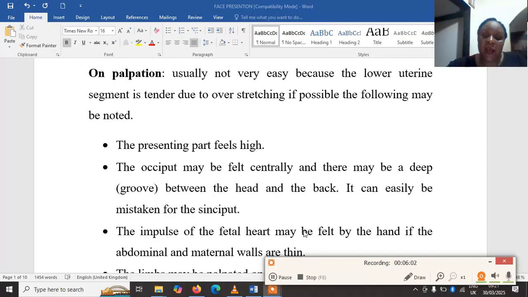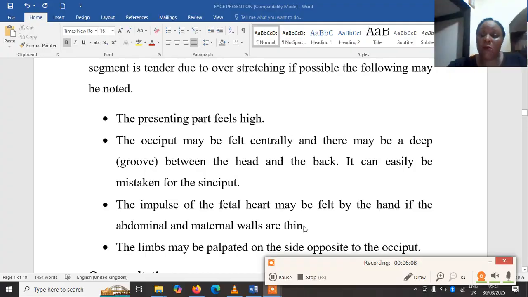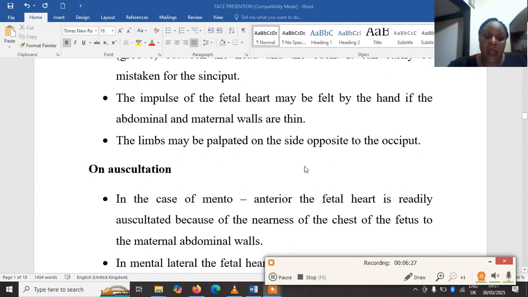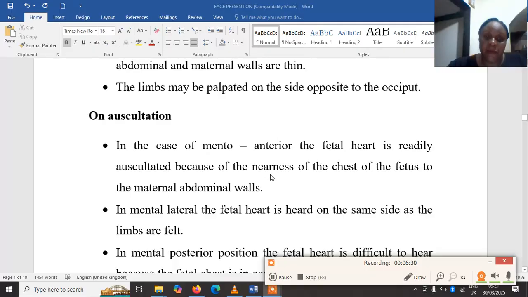The impulse of the fetal heart may be felt by the hand if the abdominal and maternal walls are thin. Here we are looking at mothers with thin abdominal muscles. The limbs may be palpated on one side, opposite to the occiput. All these may not be very clear during abdominal palpation. When we come to auscultate, in mento-anterior the fetal heart is readily auscultated because of the nearness of the chest of the fetus to the maternal abdominal wall.